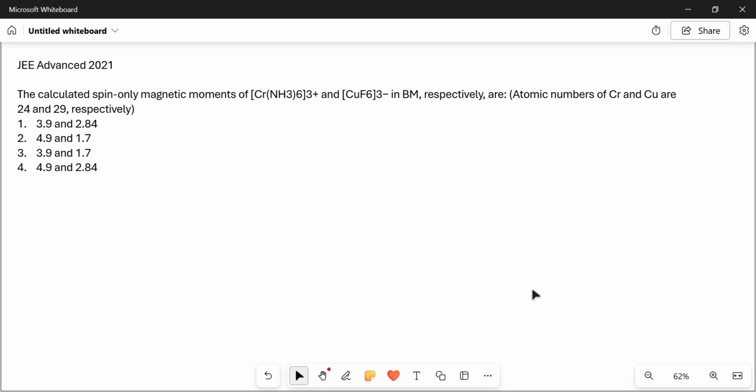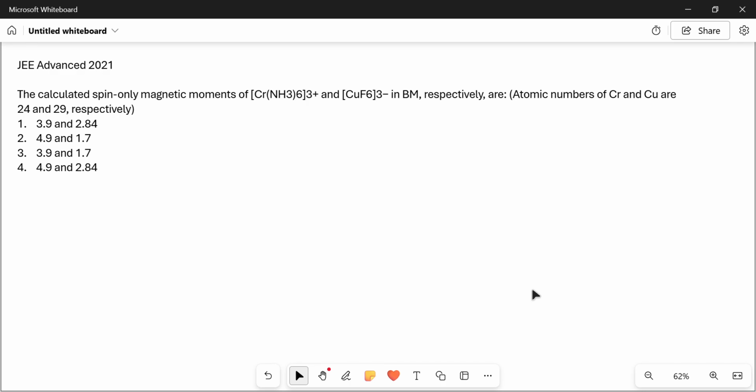In the last session, we discussed the spin-only magnetic moment of different types of inorganic oxides and coordination complexes. Today also we shall discuss spin-only magnetic moments of coordination compounds. These questions have already come in JEE Advanced and Mains level.